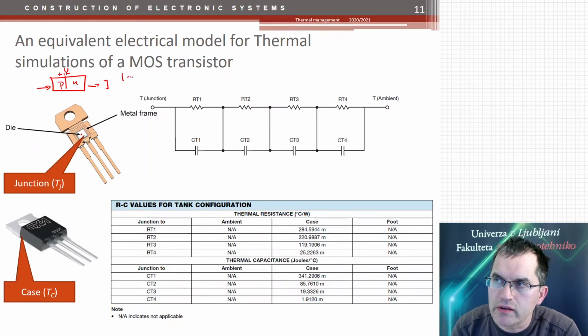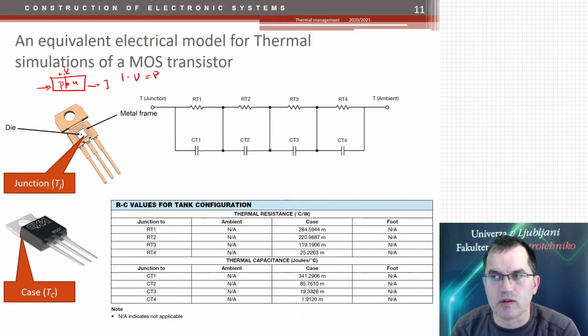So the current times the voltage is of course the power. So all the electric power is generated at the junction of the component. So that's why we call it junction. Well, it depends on the type of component, of course, but let's say for a single PN junction, that would be the case. And it's still called the junction temperature.